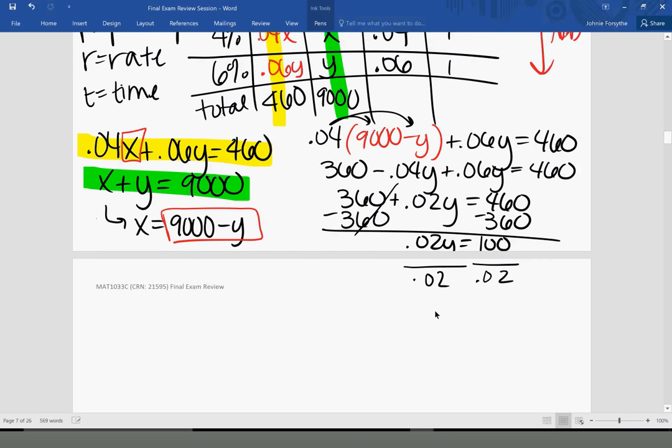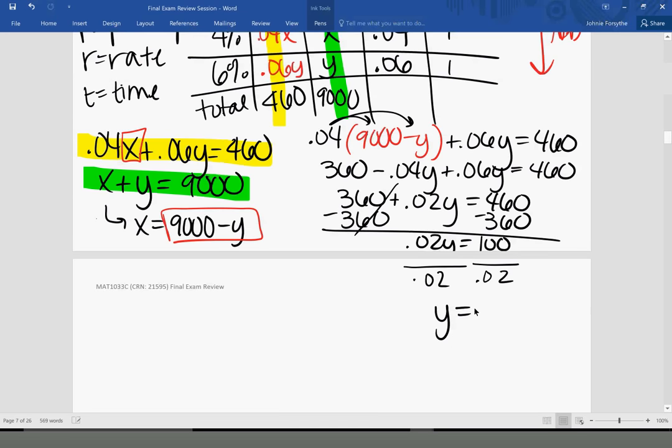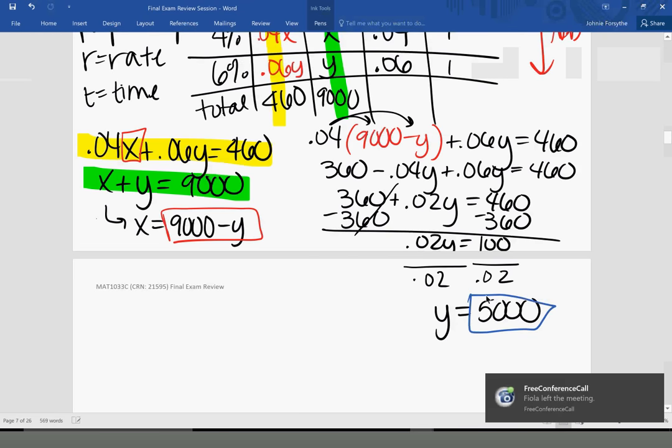Okay. Divide by 0.02, so we have y equals 100 divided by 0.02, which is 5,000. Okay? Now, to get x, I need to take this amount that I got for y and plug it in for y in the other equation.